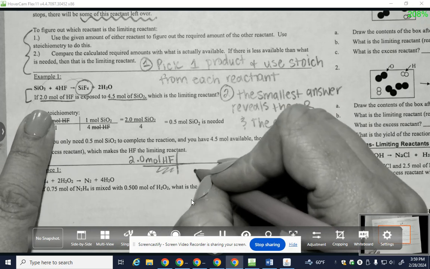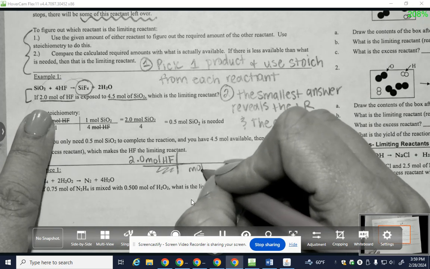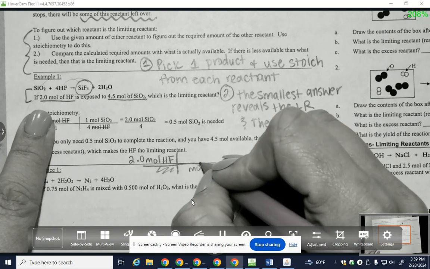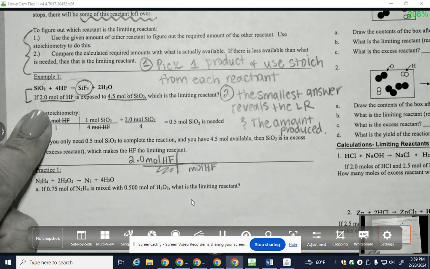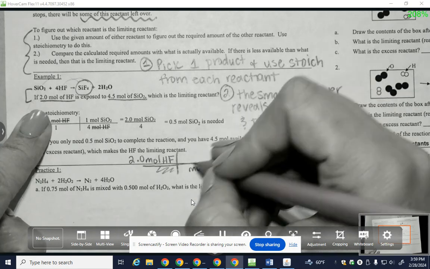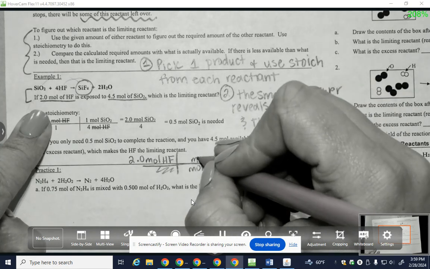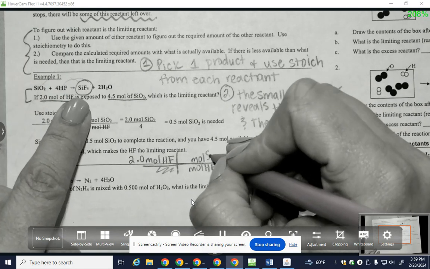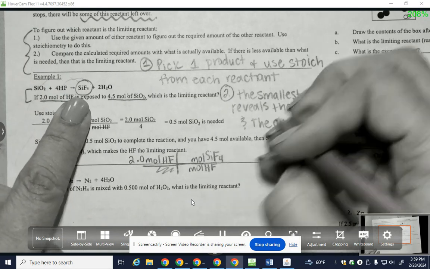I'm going to bring words down to the right. I was in mole town, so what does that mean my first step always is? Cross the bridge because it's a mole ratio. Good. So mole HF, we're going to cross the bridge to SiF4.